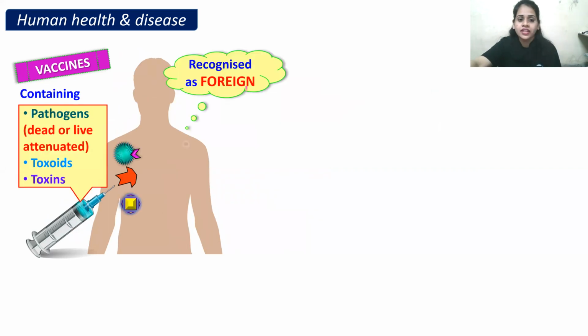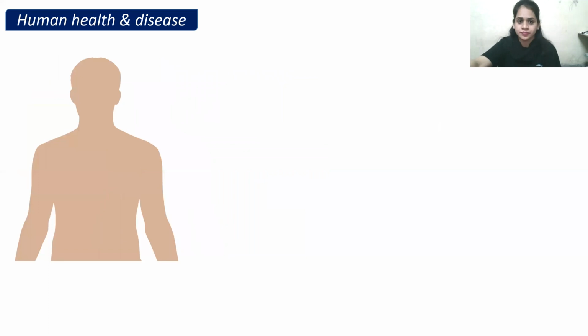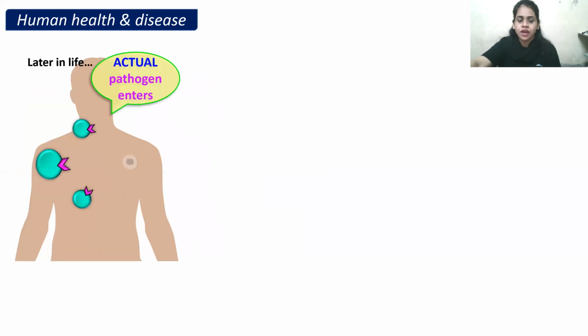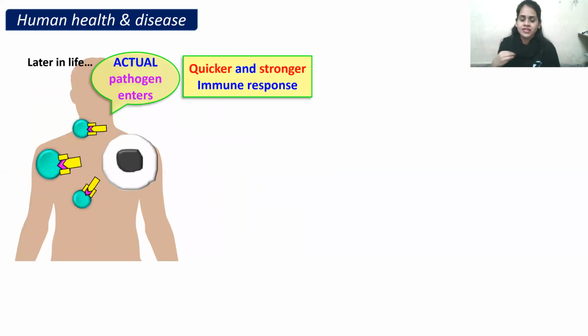Okay, so now same thing happens with the vaccination as well. So when you take vaccination, your body produces antibodies. Okay, it takes time to produce antibody. That is why you get a little bit of side effects, like little bit of fever or a body pain. That kind of a response your body shows. But later, when you get the same pathogen in your body, the response by our immune system is quicker and stronger.